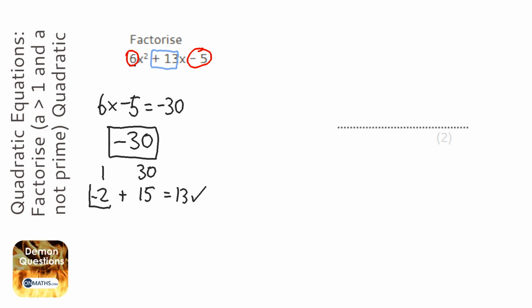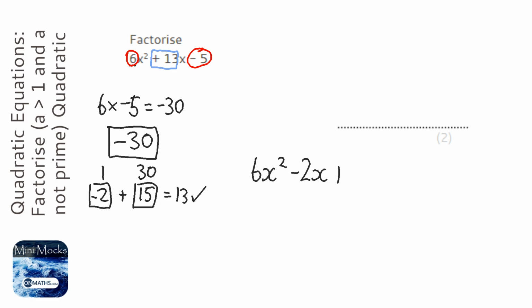So these two numbers here, what we need to do with those is rewrite the question. So same as before, 6x squared. But this time, instead of plus 13x, I'm just going to write down minus 2x plus 15x. Now those are the two numbers that I found here and here. Then minus 5.